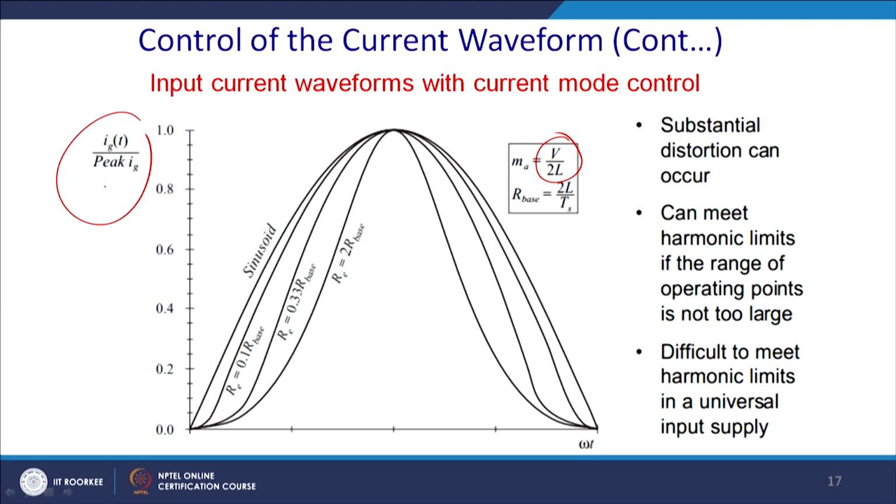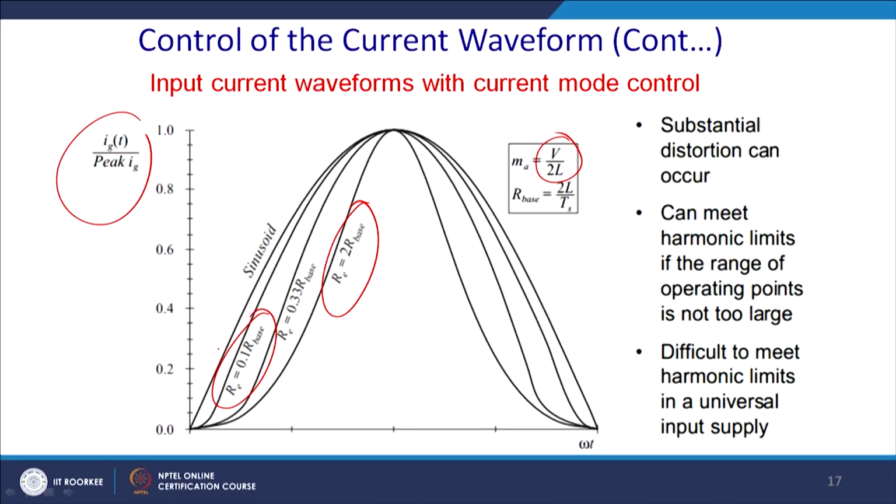So, you can see that when this R becomes 2 R base, then distortion comes, and distortion will be lower if we have R equal to 0.1 R base, and this is the actual sinusoidal.